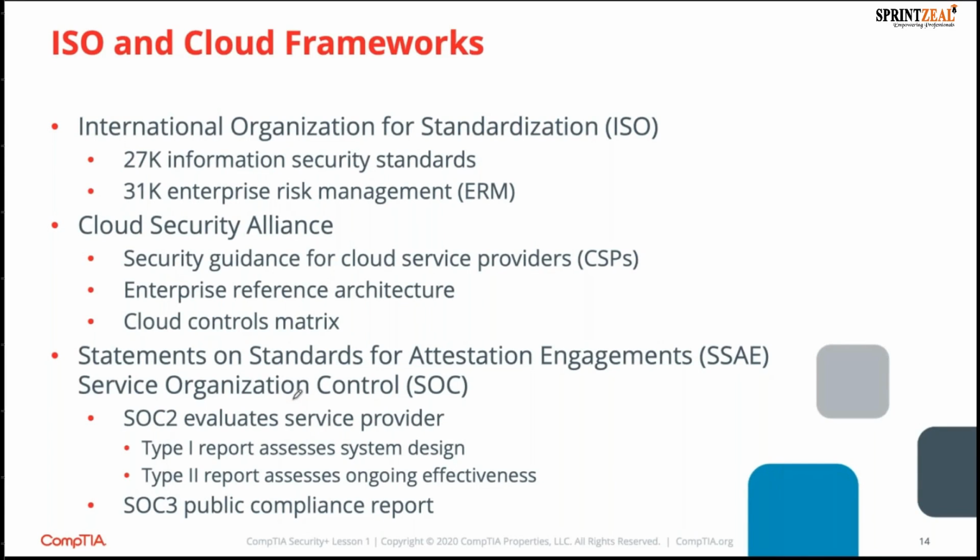Then there are other different types of controls, or standards. ISO standards are there, the International Organization for Standardization. They have produced a cybersecurity framework in conjunction with the International Electrotechnical Commission: ISO/IEC 27001.